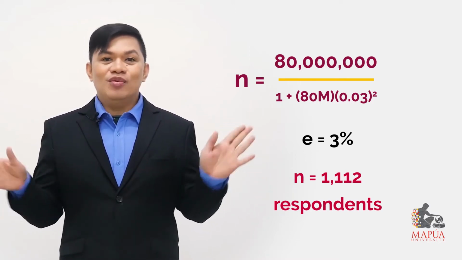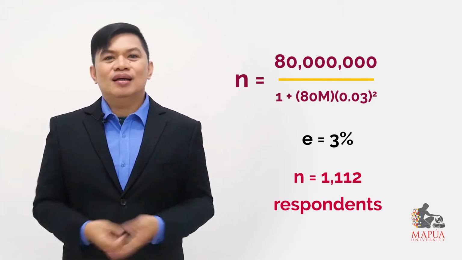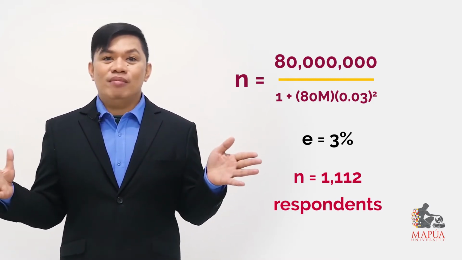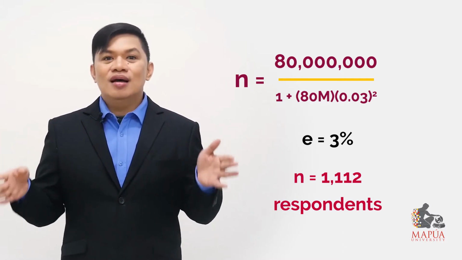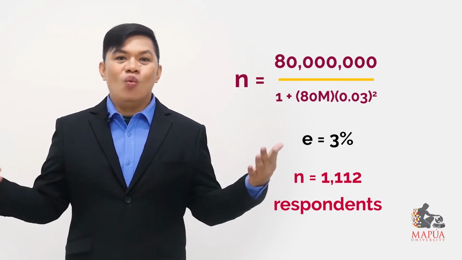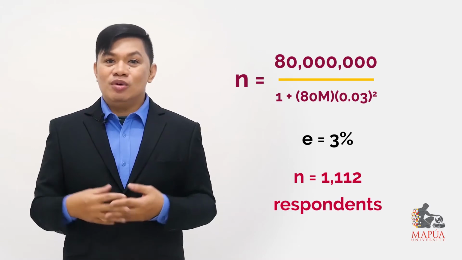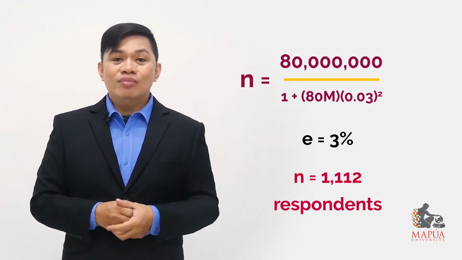So we can actually say that these surveys are maybe using a 3% margin of error, and they even exceeded the minimum number of respondents, that is 1,112. They are using 1,200, 1,500, or even 1,800 respondents. So there's no question actually of the sample size now. They have enough respondents as to the required sample size.